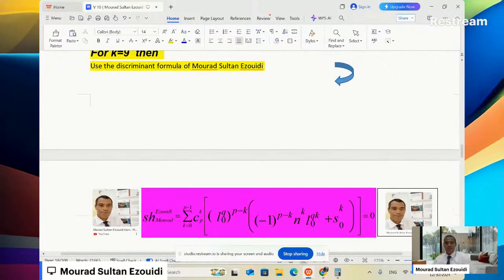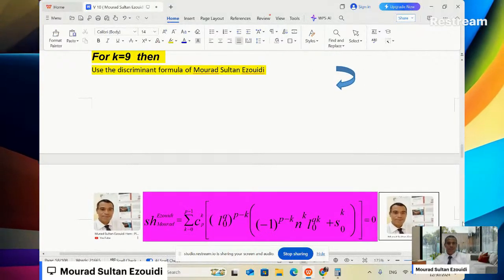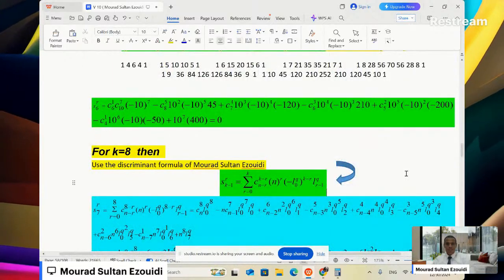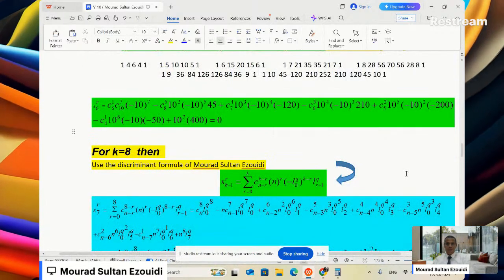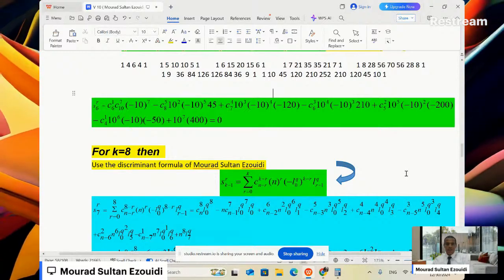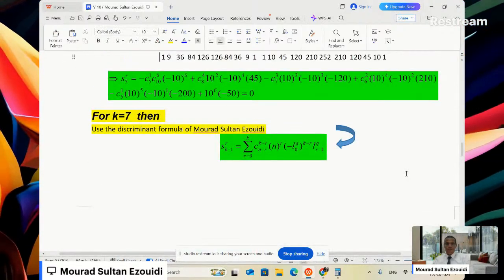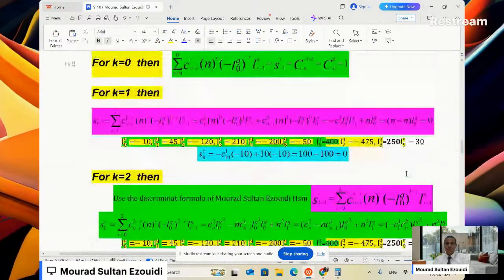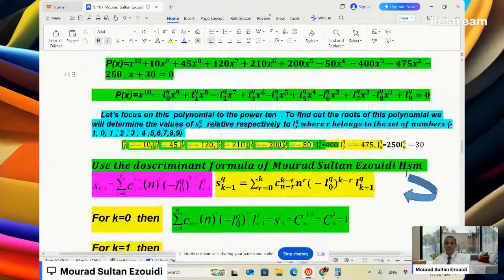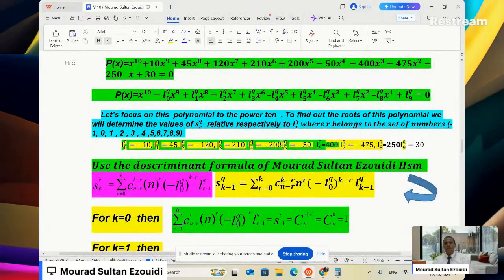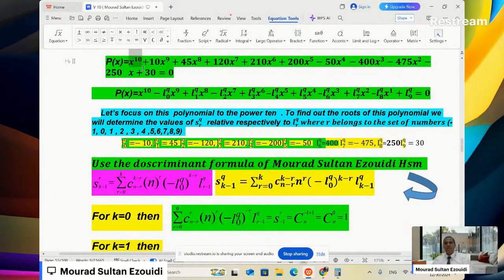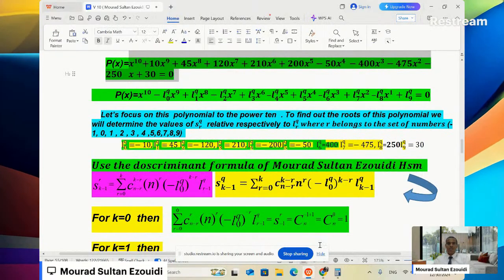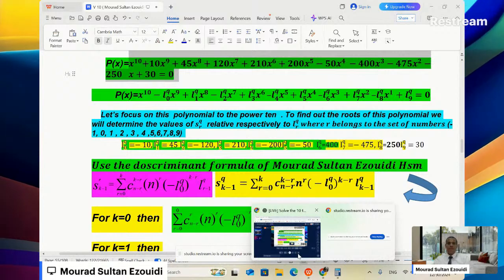Give me at least 1 minute to express this. Okay, this is my equation, 3 to the power 10. I will now use GeoGebra or whatsoever to solve this one.